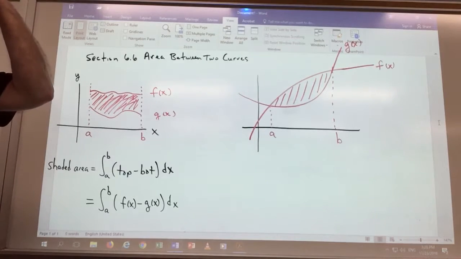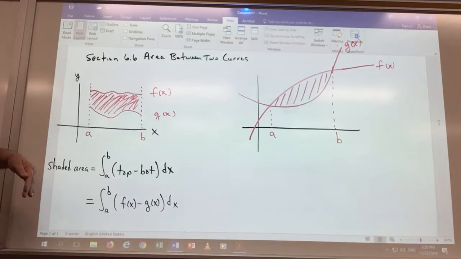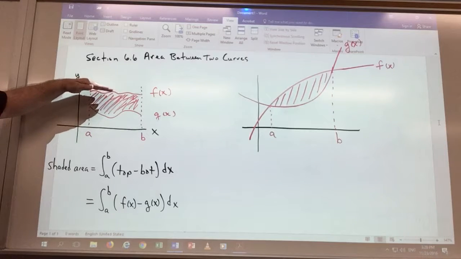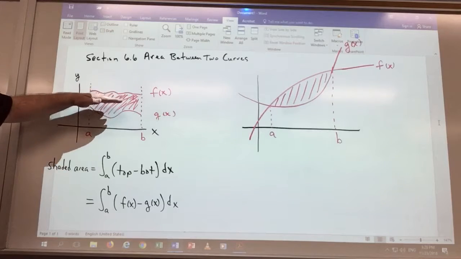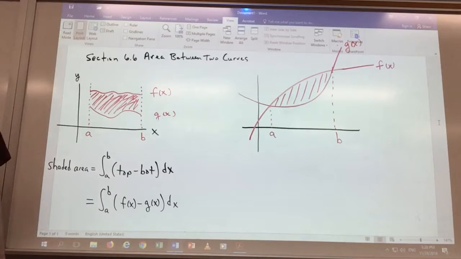Well, we know from the previous section how to calculate the area below the graph of a function, below the curve and above the x-axis from x equals a to x equals b.